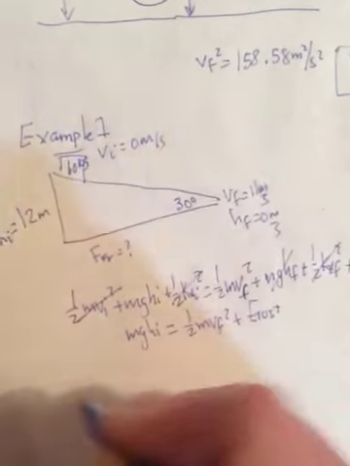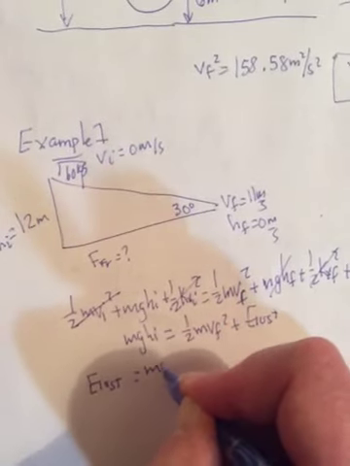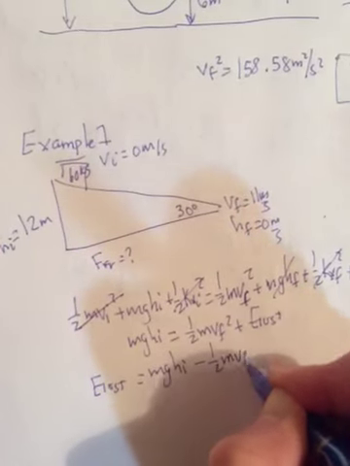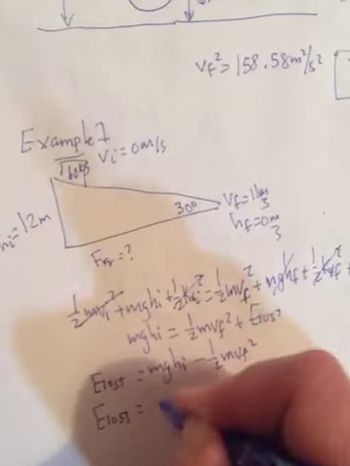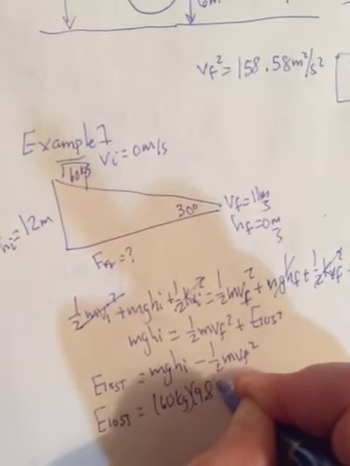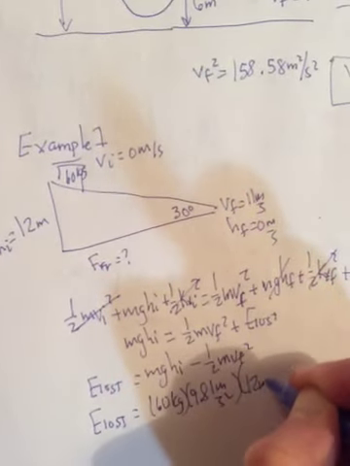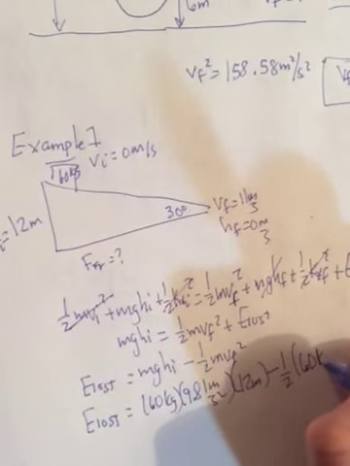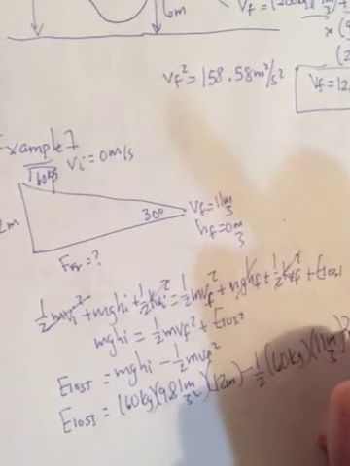And this time it's the E lost we don't know. So subtract your 1/2 mvf squared, and you will get E lost to equal 60 kilograms times 9.81 meters per second squared times 12 meters minus 1/2 times 60 kilograms, and at the bottom the kid was going 11 meters per second squared.